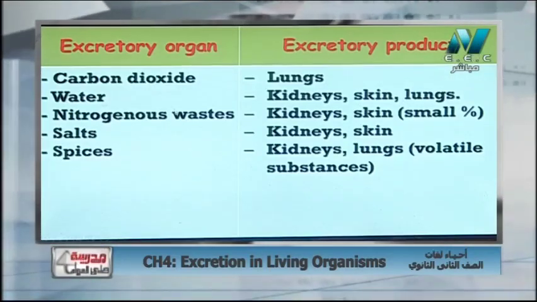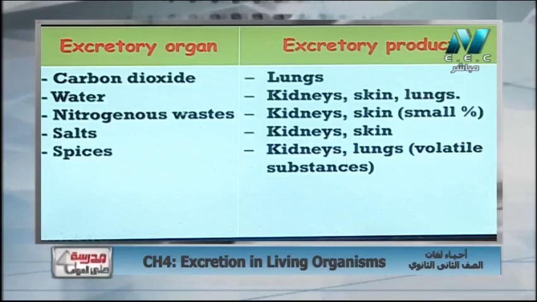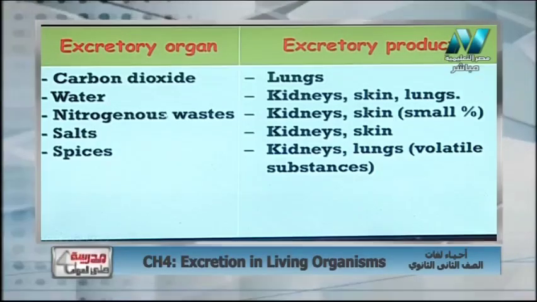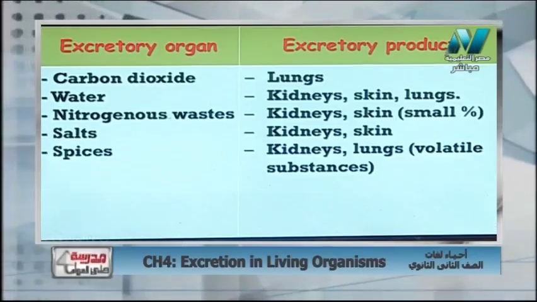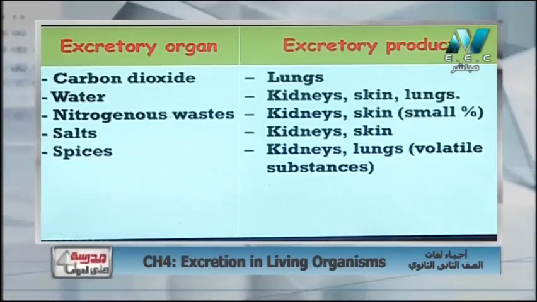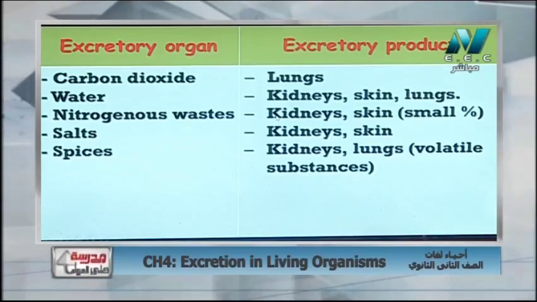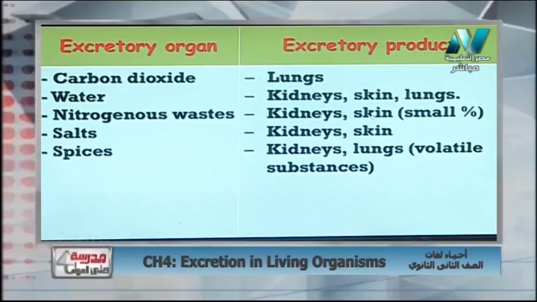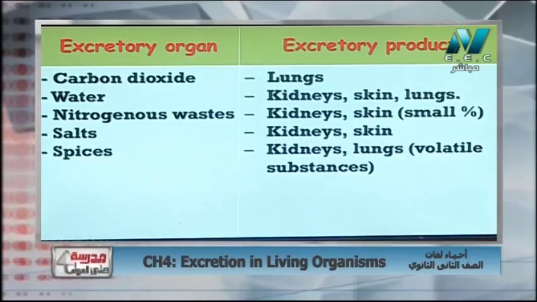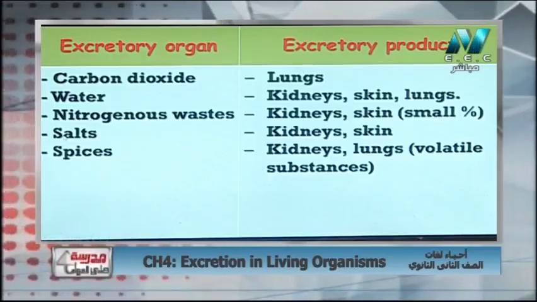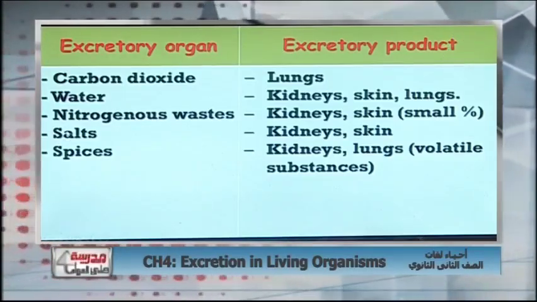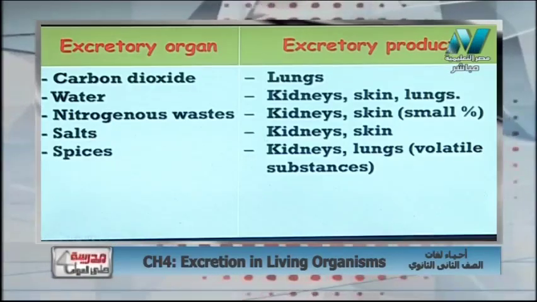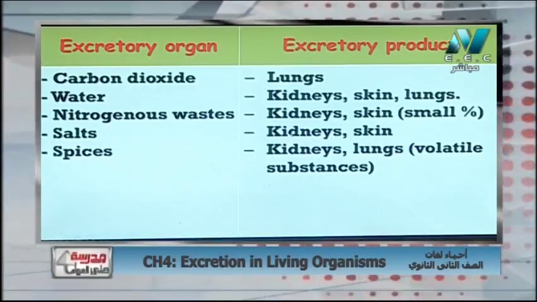The nitrogenous wastes that are produced due to the metabolism or catabolism of the excess amount of proteins must be expelled out of the body through kidneys, and skin in small amounts. Also, the excess amount of salts that the person feeds with come out of the body from kidneys and skin.